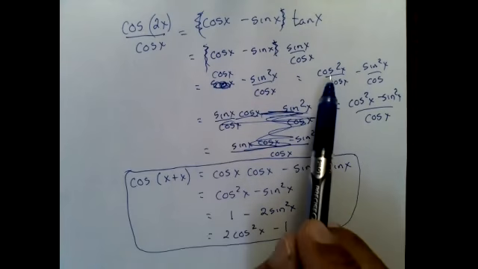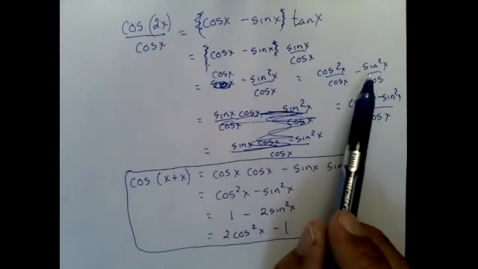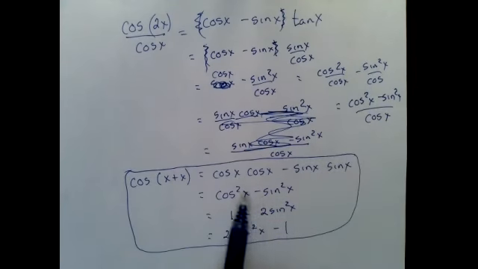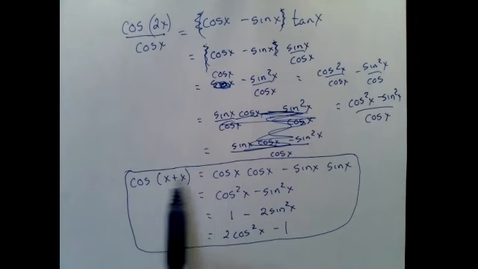Multiply top and bottom by cosine to get a common denominator, put them together, and I know that cosine minus sine really is the cosine of 2x. I verified that identity. Again, the more you work with these identities in different ways, the more you pick up on when to use what, where, when, why, how, all of that.